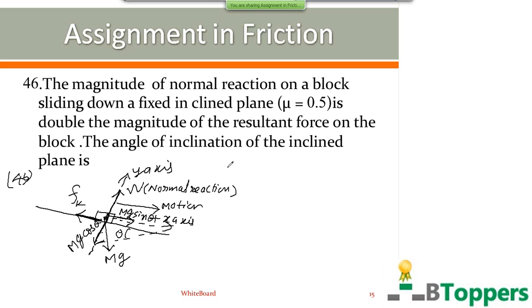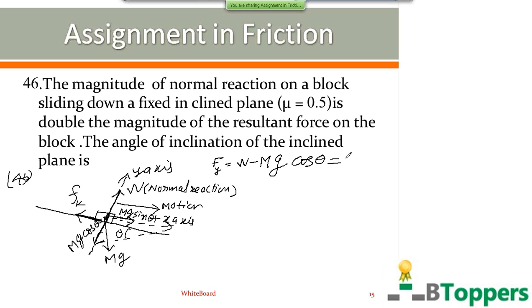The y component of the resultant force on the block is denoted by Fy. Here N is the magnitude of normal reaction, which is directed along the positive direction of the axis. The component mg cos theta acts opposite to the normal reaction, in the negative direction of the axis. So the y component of the resultant force on the block can be written as N minus mg cos theta.